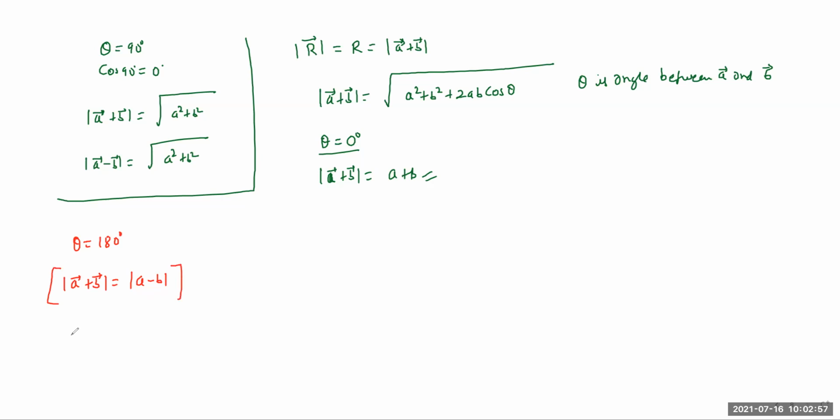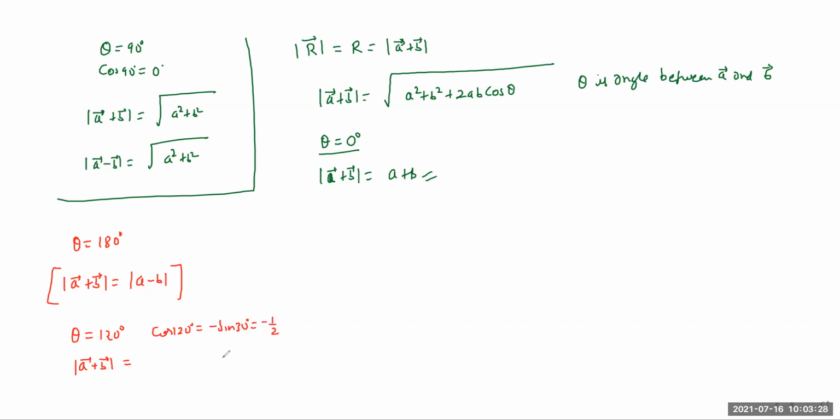We have seen already theta is 90, so we have the square root of A square plus B square. Now there's one interesting case: theta equals, let's say, 120 degree. Then, I'll tell you what cos 120 is. It is minus 1 by 2.